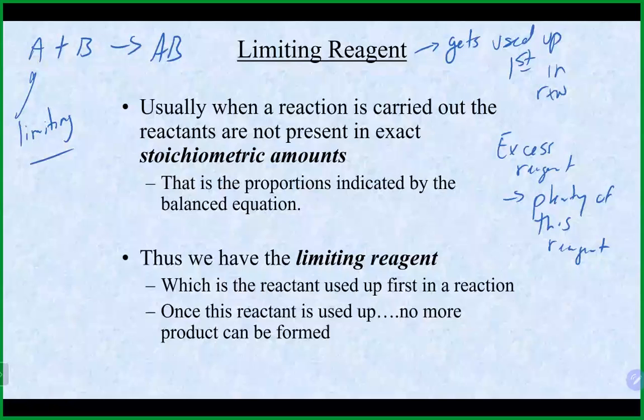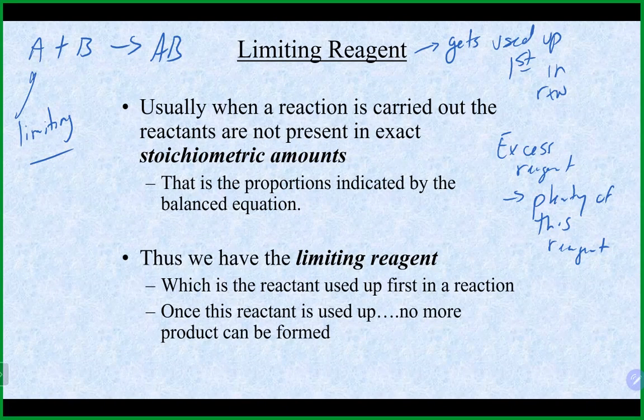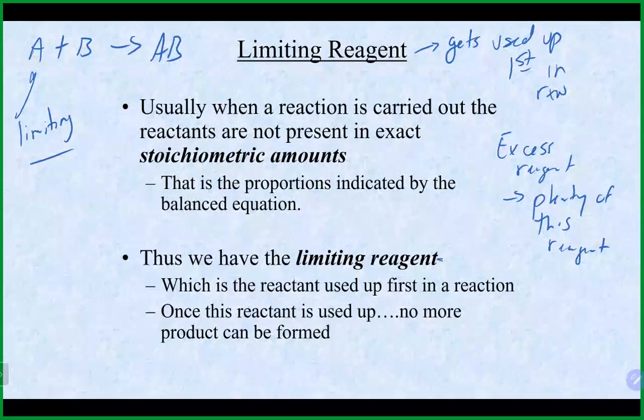I would not, because in this case, I need an A and a B basically to make the product. And that's why limiting reagents are really important. It is always the one that determines how much product you can make, because as soon as it runs out, there's no chance that you can make any product at that point. So the limiting reagent is always the one that basically determines how much product you produce.